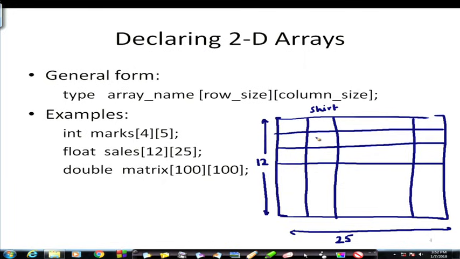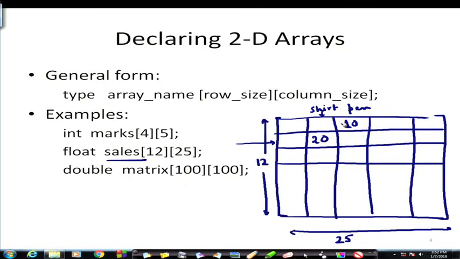This one says that in the month of February how many shirts have been sold, and maybe this says, say this is pen, in the month of January how many pens have been sold. So, in that way this entire matrix or array can be named as the array cells, which will have 12 rows and 25 columns.